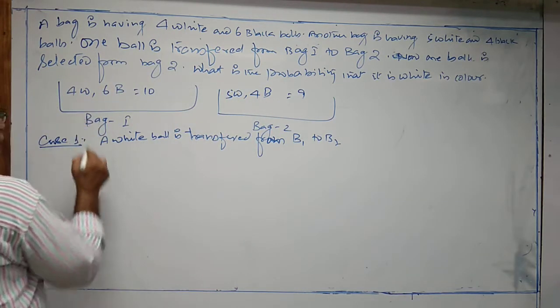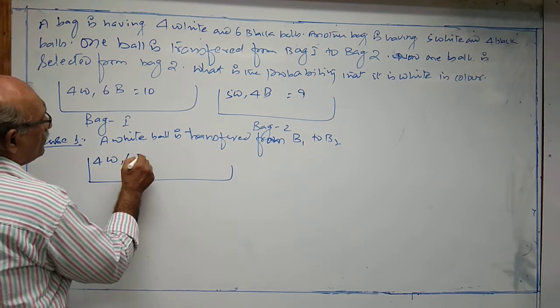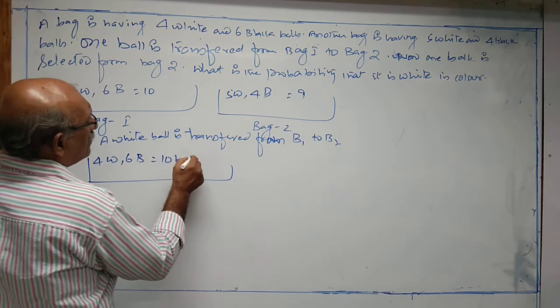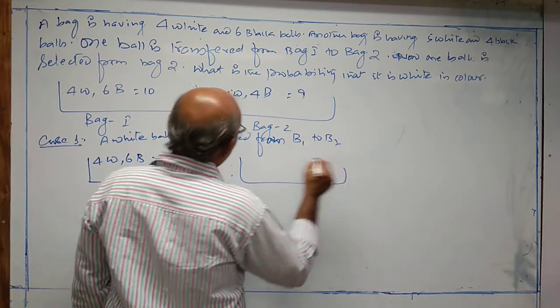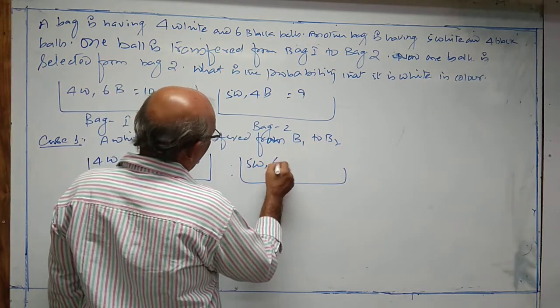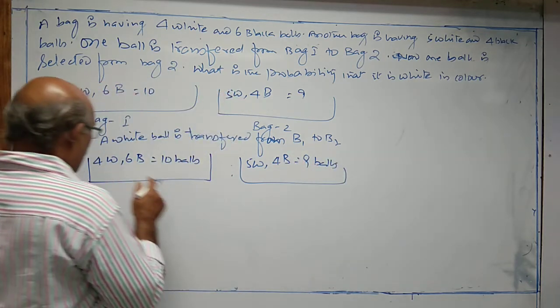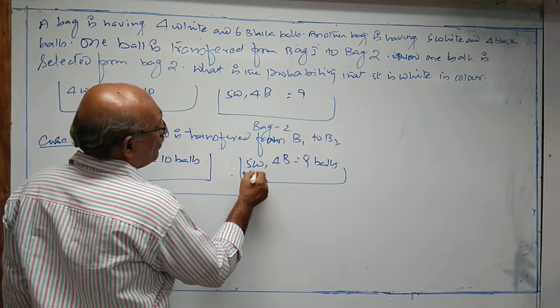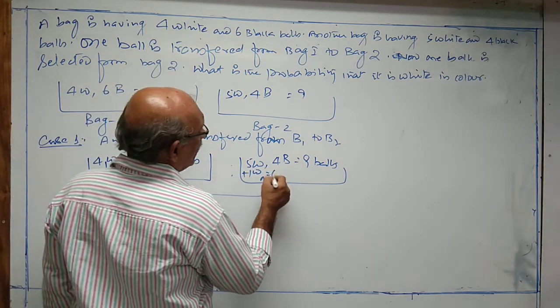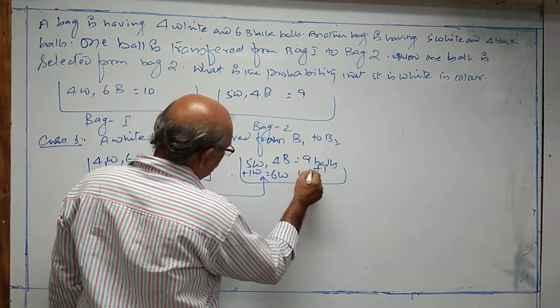Now look at this. 4 white balls and 6 black balls, total 10 balls are there. Now bag number 2, 5 white balls and 4 black balls, 9 balls are there. You are transferring a white ball from this bag to this. So plus 1 white. Now there are 6 white balls it is having, plus 1 ball.